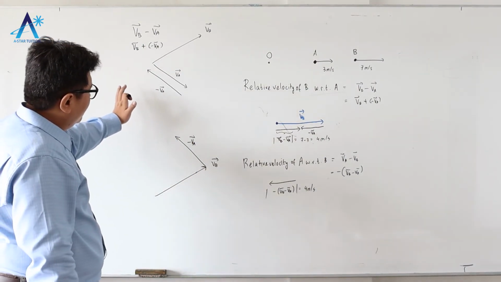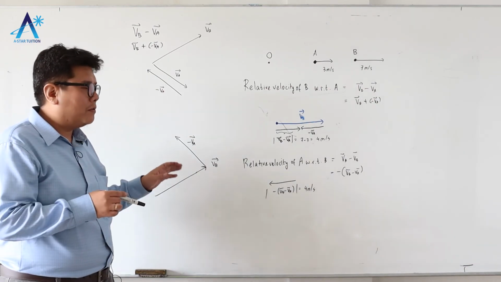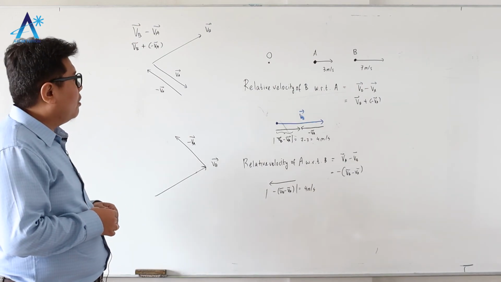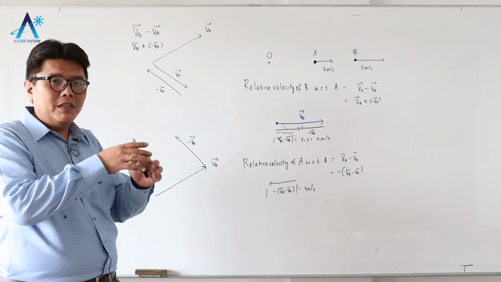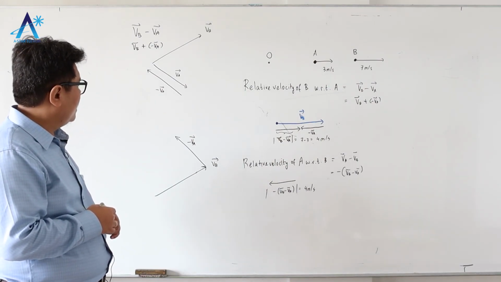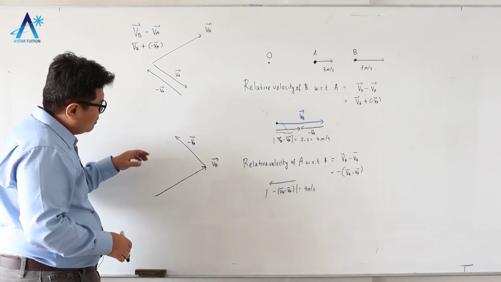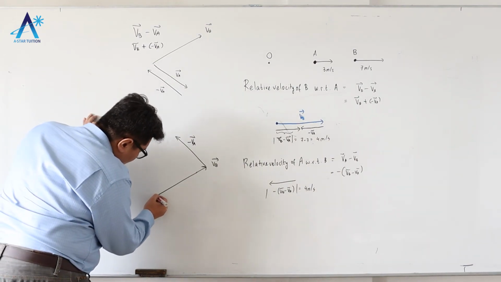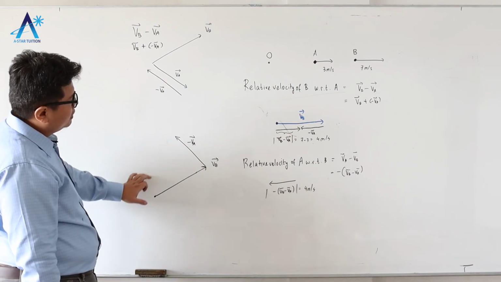When you deal with the graphical method to find the resultant of vectors, it is always good to have a measuring device like a ruler, and you probably want to draw it on grid paper. Now VB is this, minus VA is that. So the resultant is a straight line from the tail of the first vector to the tip of the last.